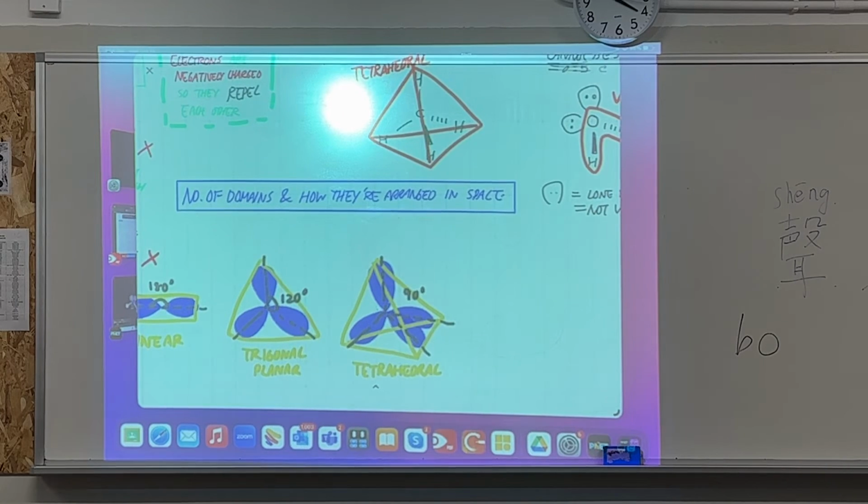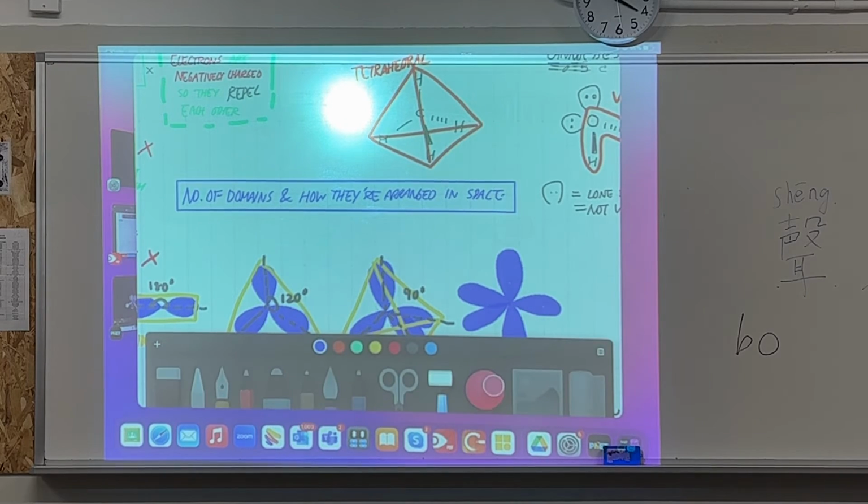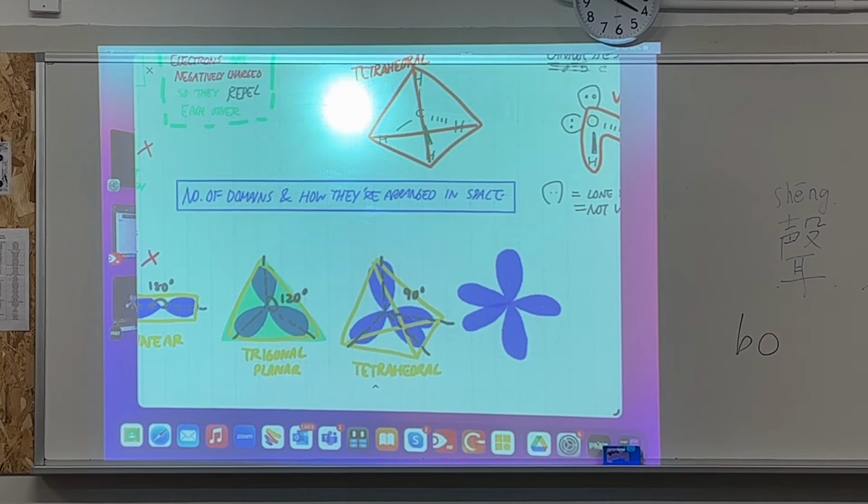Now we can phase out a notch. They can be 5 or as many as 6 domains. Okay, so the 5 domains look like this. I will show you a model. So this is how the 5 domains arrange themselves in space. You can think of this as an extension of the trigonal planar shape.